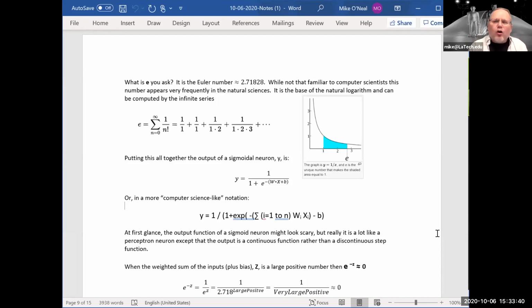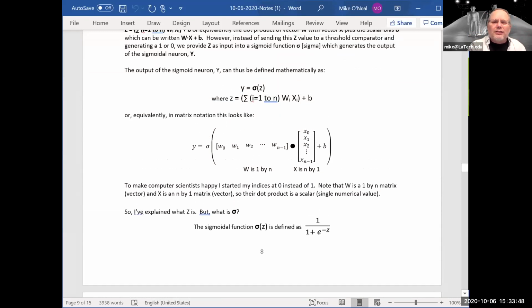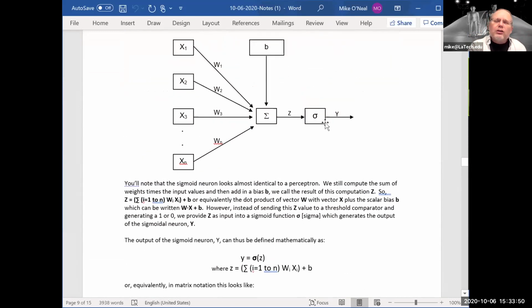But why did a computer scientist somewhere decide to define these new kinds of neurons this way? Why are you using a sigmoidal function here? There are lots of functions that could be used. The first one, and it's still quite popular, is the sigmoid function. Why the sigmoid function?